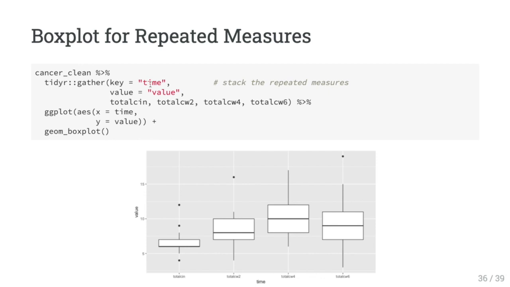Now, when we want to look at multiple variables in the same figure, one of the things that is really helpful is using this gather function. And what you tell it, this is just the name of the variable you want to have the time variable in, and this is just where the values will go.